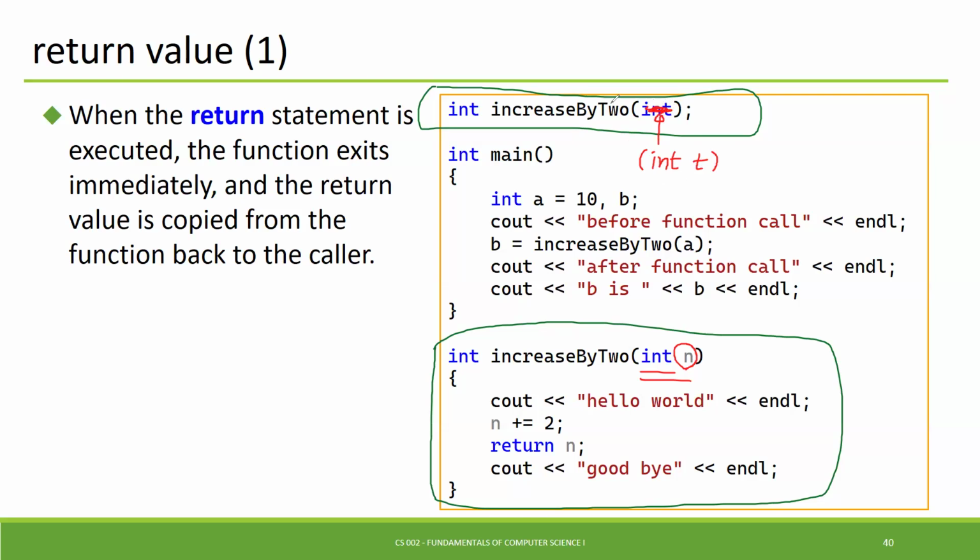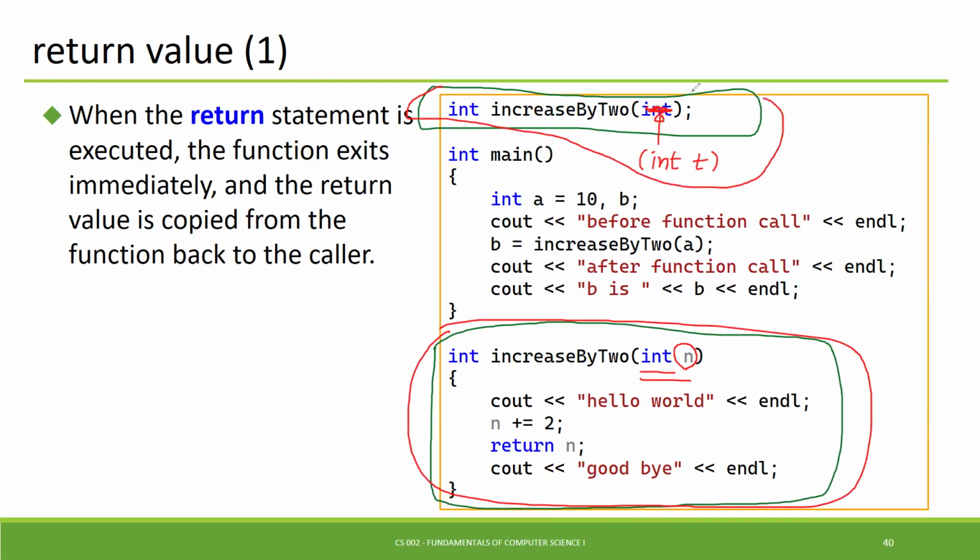Okay, guys, look at this one. This is my definition, and in the declaration, everything is the same other than the parameter name. Do you think it is okay, or will it be a problem? No, there is no space. The computer will not make a space here. The computer will make a space when the function is called.